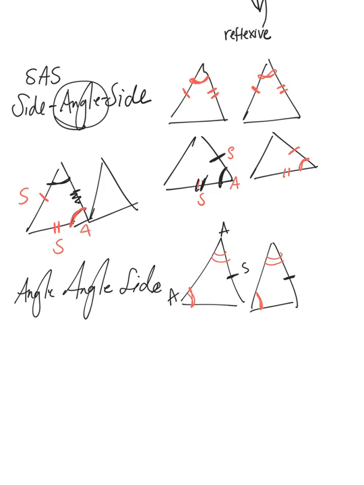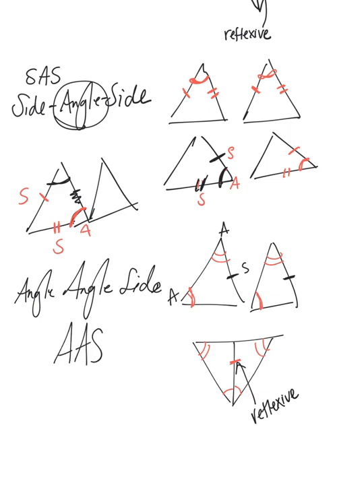So far we got side, angle, side, and angle, side. And again, these are how to prove triangles are congruent. Okay, so if we have things marked, if they're next to each other, this one can also look like this if we have these angles marked, these angles marked. We could also say those sides are congruent, remember, by the reflexive property. Okay, so angle, side. We abbreviate angle, side.